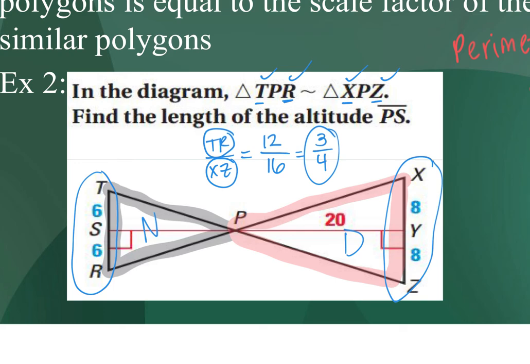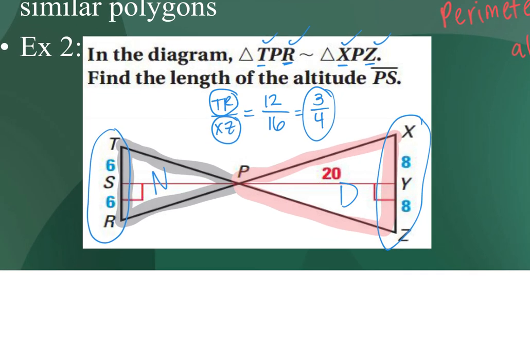Now, PS is what we don't know, right? But we do know PY. So the altitude should be proportional by the scale factor, okay? So we're going to say, all right, 3 over 4, which is our scale factor, should be equal to the altitude of TPR. What is the altitude of TPR? Xavier? What?